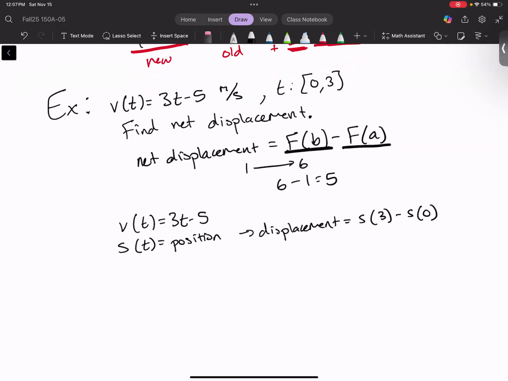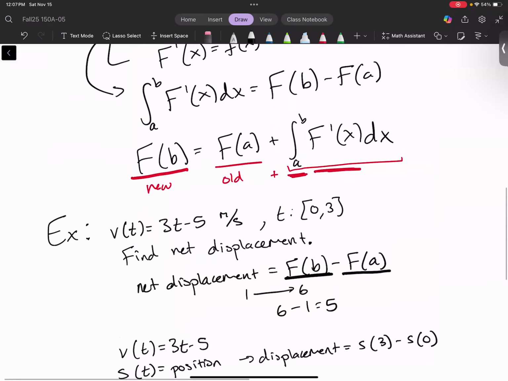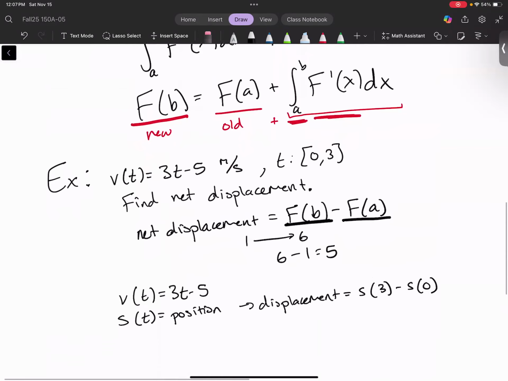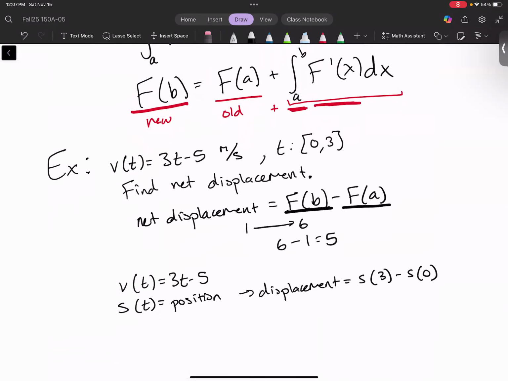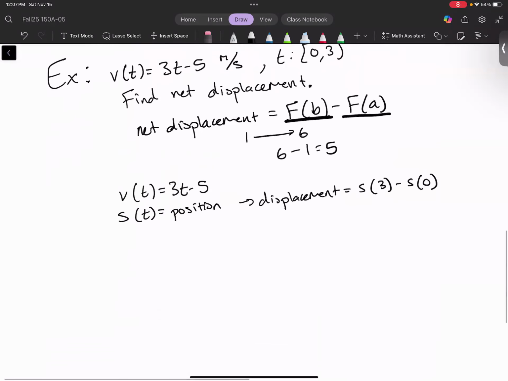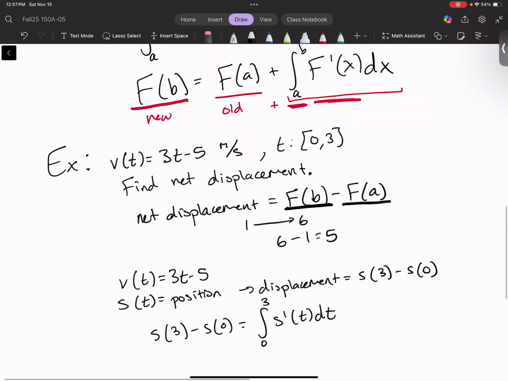Using this equation right here, f of b minus f of a, that's just the integral. So s of 3 minus s of 0 equals the integral from 0 to 3 of s prime of t dt. We're just using s instead of capital F. The function name doesn't matter, the letter doesn't matter; all the relationships matter.